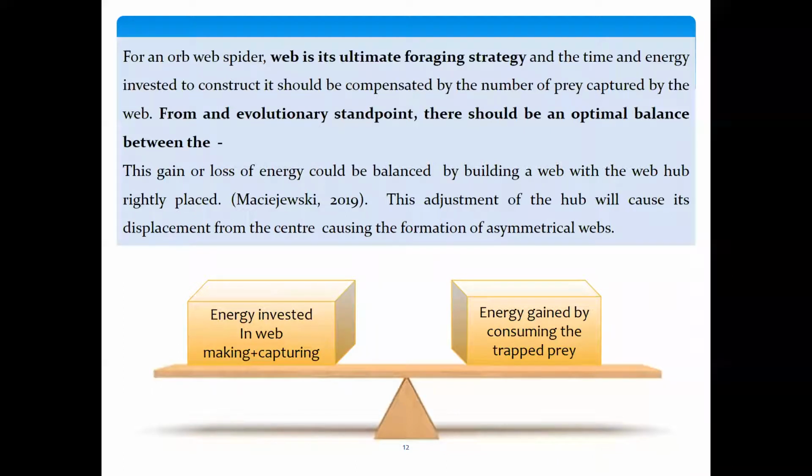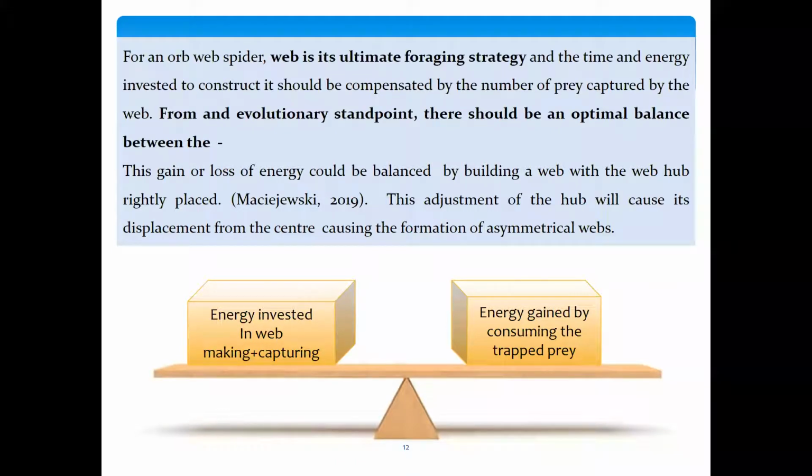So this adjustment of how to make an optimal web can be done by adjusting the position of the hub in the web. Now we know that the center of a web is the hub. If your web is a perfectly circular web, the hub should always be at the center position.